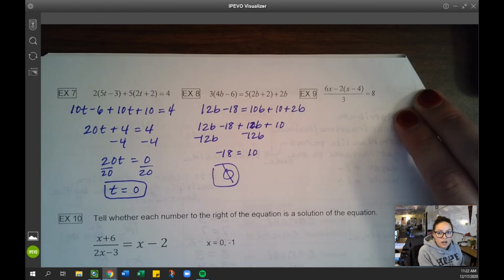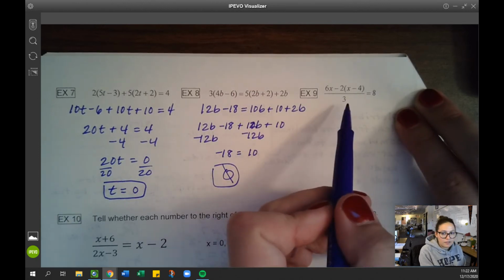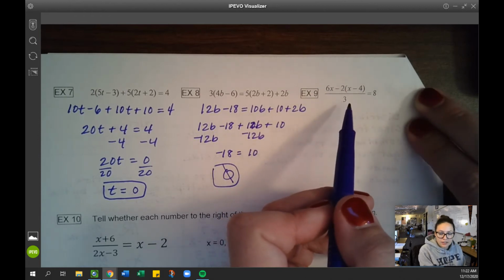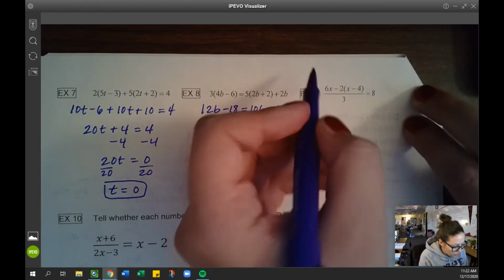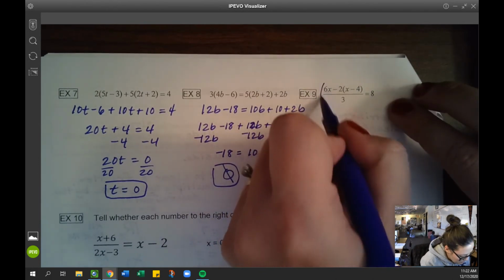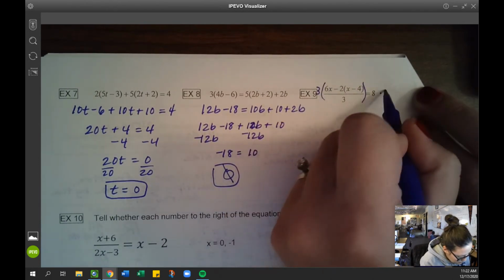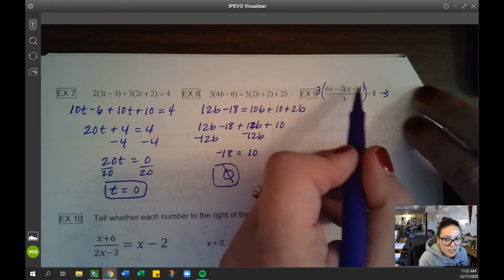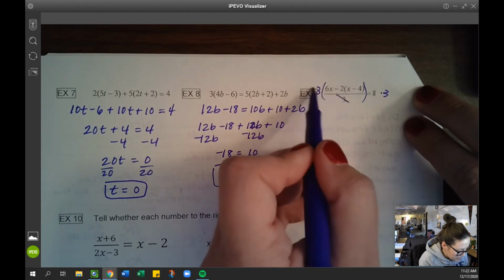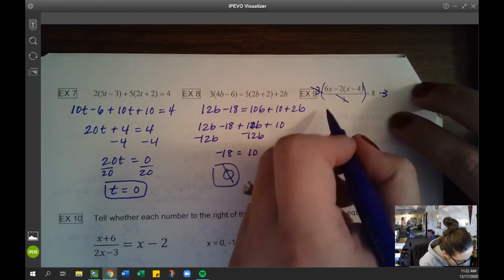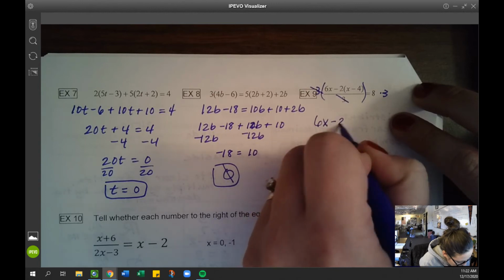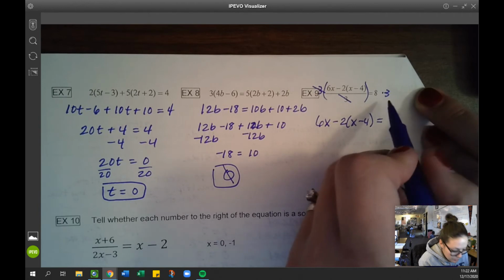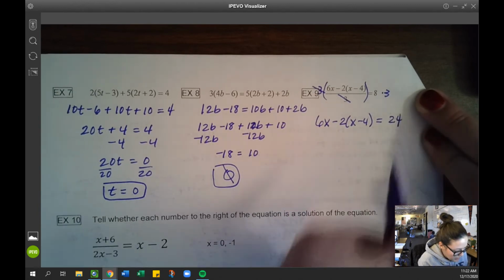All right. What the heck do I do with this big fraction here? Well, I'm going to clear this fraction. I'm going to clear the whole thing. So if I multiply both sides by 3, what happens is 3 times something divided by 3, these basically just cancel out, and I'm left with 6x minus 2 times x minus 4, and then I do need to do 8 times 3 here, and we get 24.